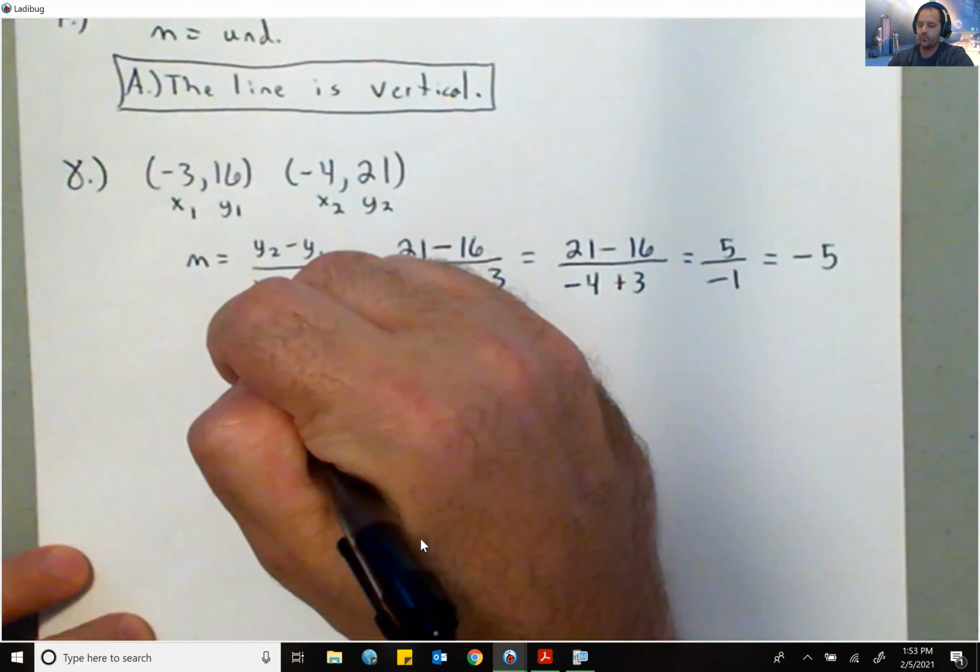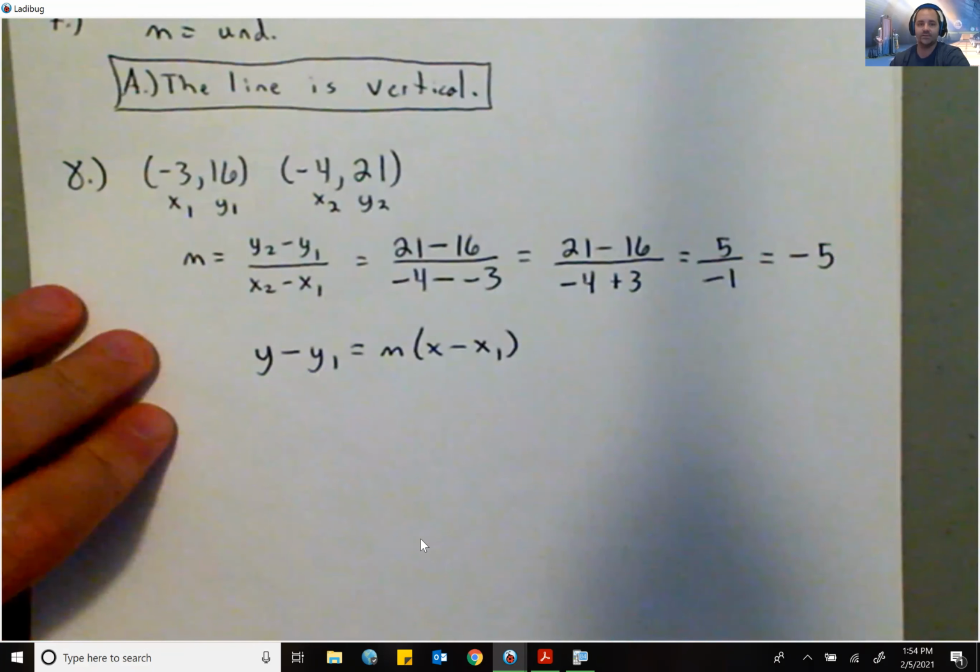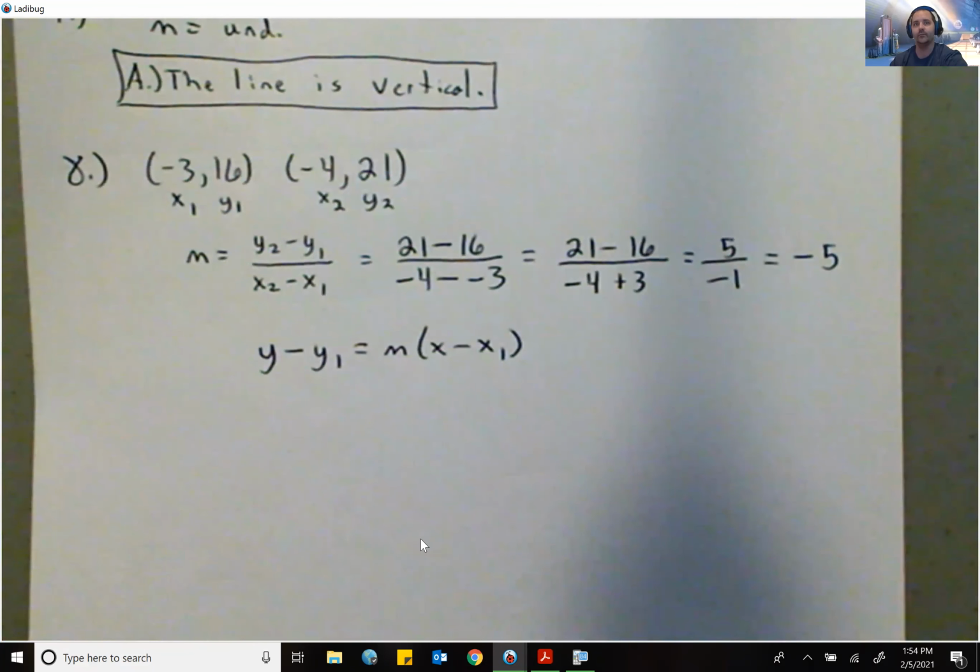It doesn't matter which one you pick, you will get the same answer. My advice to you: pick the point that has the smallest numbers. So which point do you think Mr. Armstrong would pick? -3, 16. Absolutely, I would go with this one.